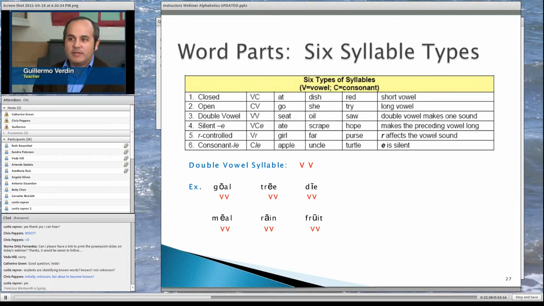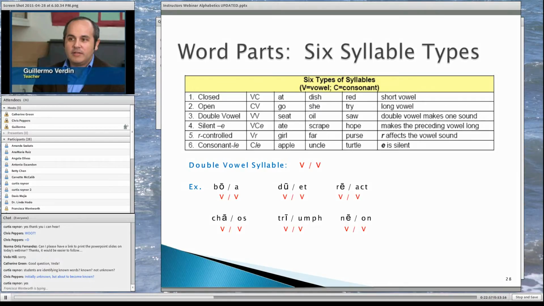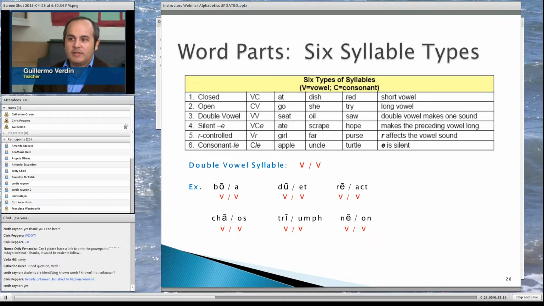Earlier I touched upon flexibility. One thing we want our students to be able to do is to identify word parts in more than one way. So we want them to be flexible in how they approach the words that they decode. Here's an example of being flexible when it comes to the double vowel syllable. When a word does not make sense with two vowels together, students need to be aware that they have the option to approach it differently.